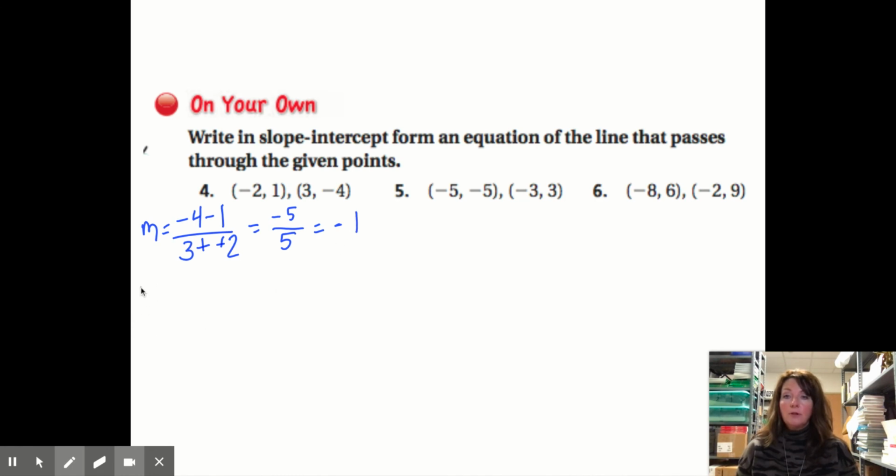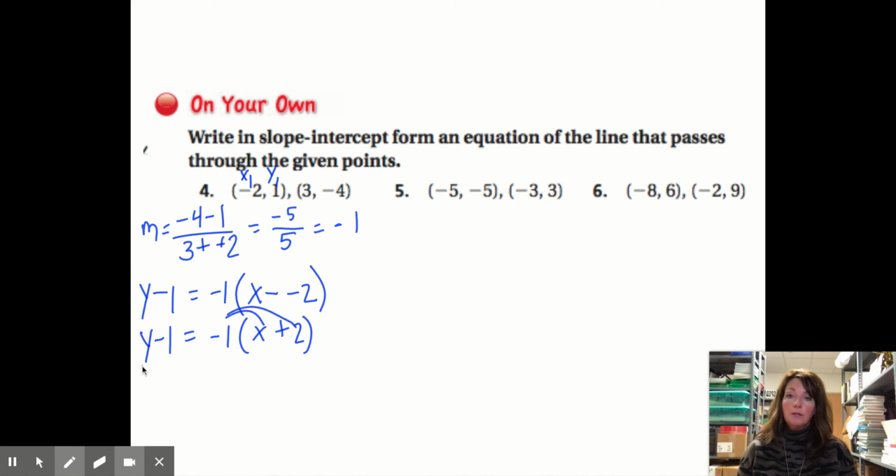So then when I substitute in the values, and I can call this x1, y1, because that's kind of what I did here, y minus 1 is equal to our -1 times the quantity x minus this -2. Okay, so we want to simplify that. Y minus 1 is equal to -1 times x plus 2.